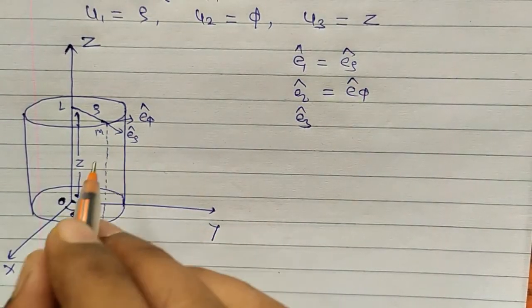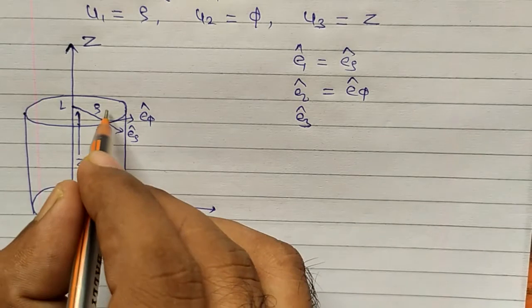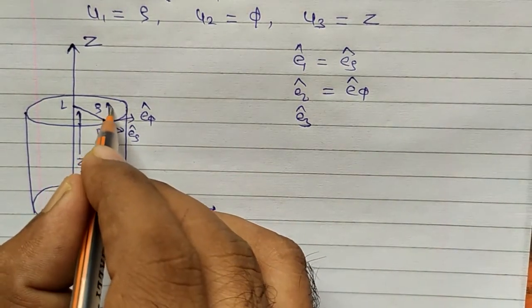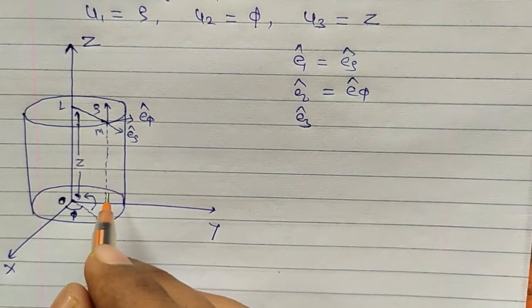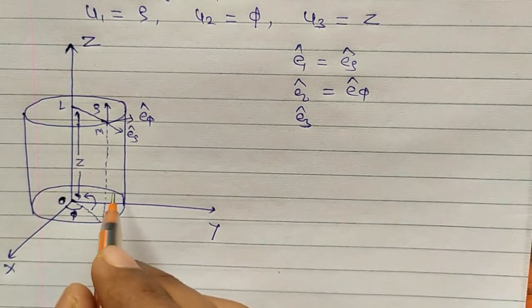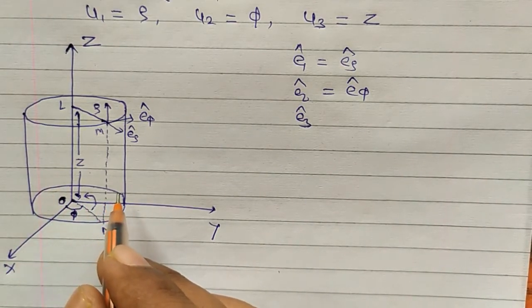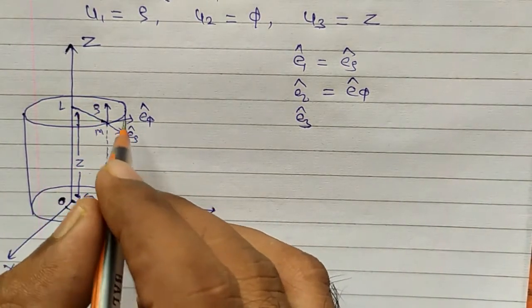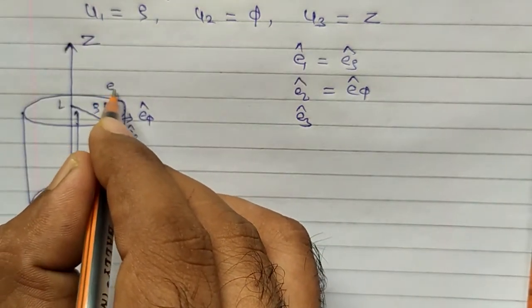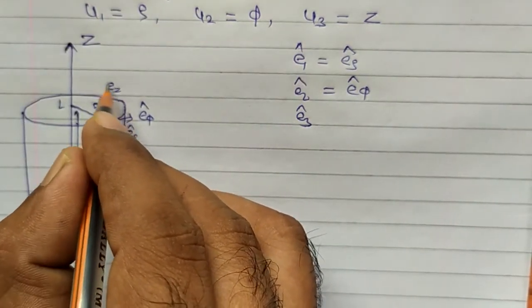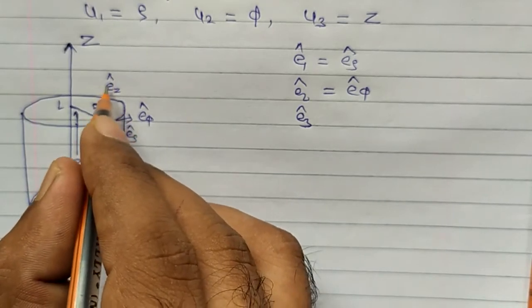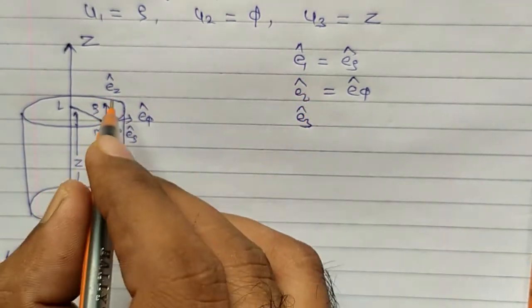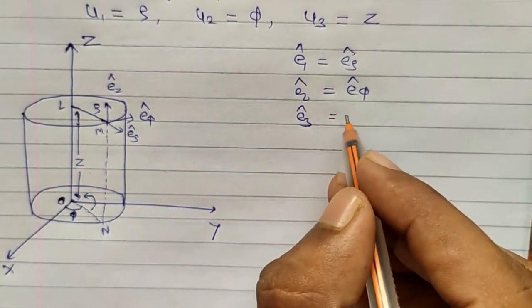Now the third unit vector will be in this direction, the z direction, which will denote in which direction the height of the cylinder may increase. So that is the third unit vector, which we will call Ez cap. I am just putting the suffix instead of 1, 2, 3, to make them specific.